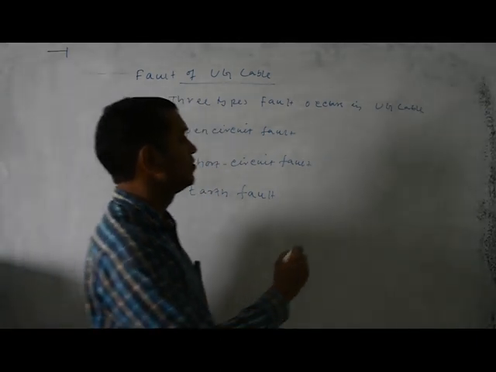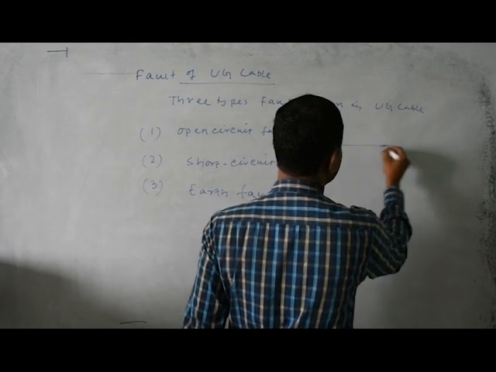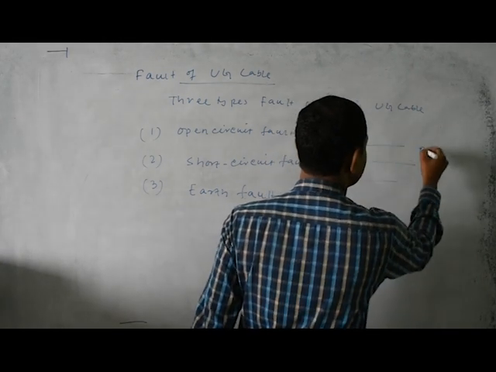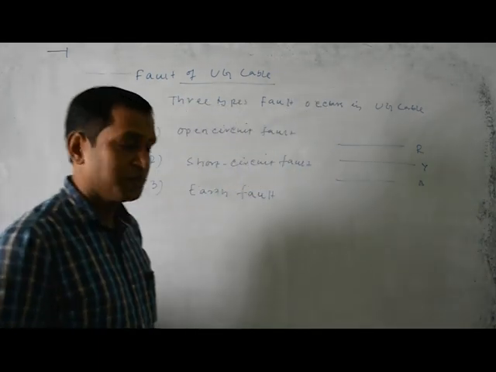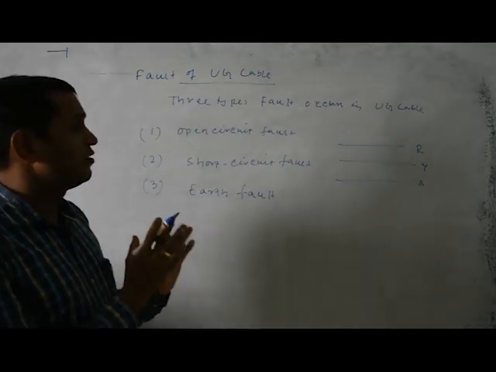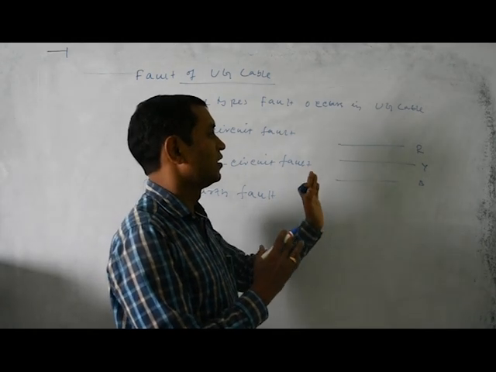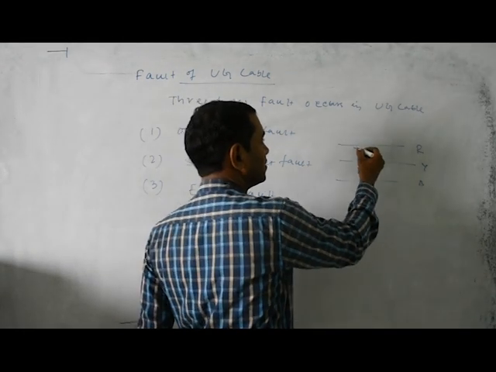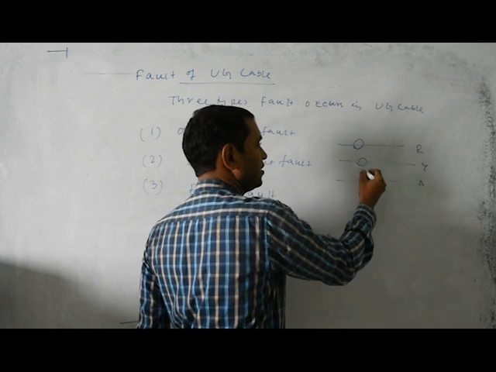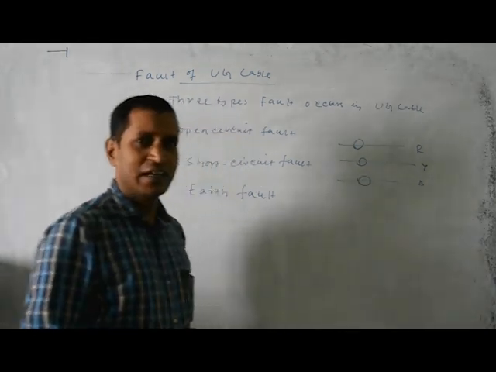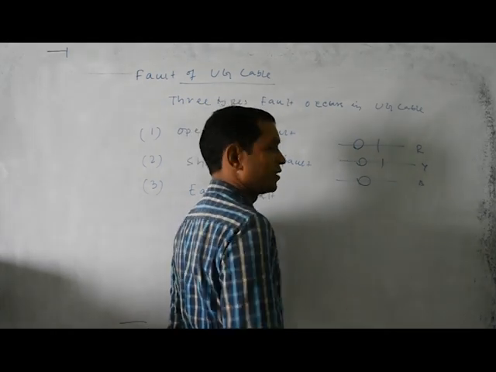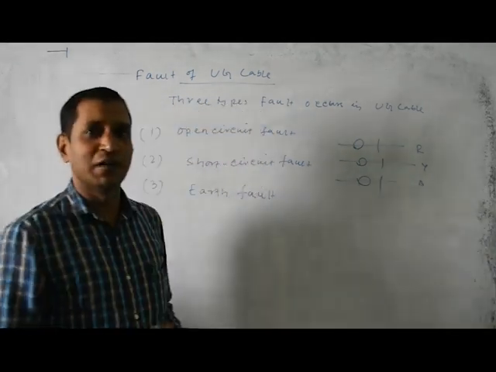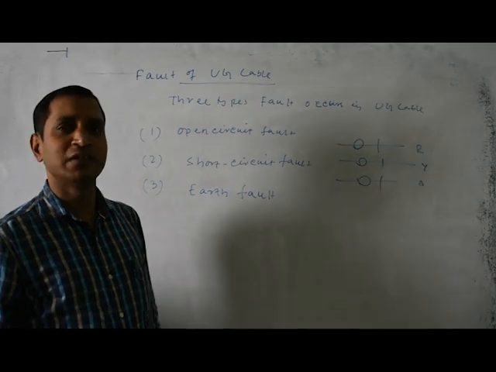In a UG cable, if it is three phase, one is R, another is Y, another is B. If there is a breakdown of one conductor, meaning R or Y or B, whether a series breakdown here or here, then this is known as the open circuit fault.